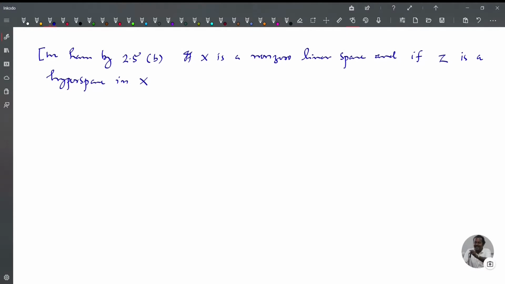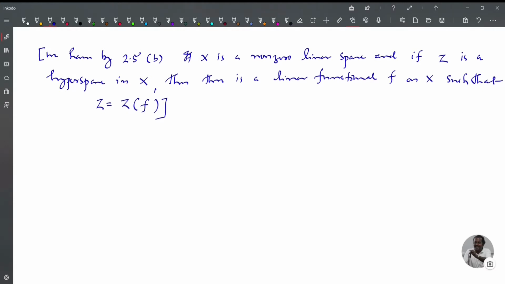We have by 2.5b, if X is a non-zero linear space and if Z is a hyperspace in X, then there is a linear functional f on X such that Z equal to the null space of f.